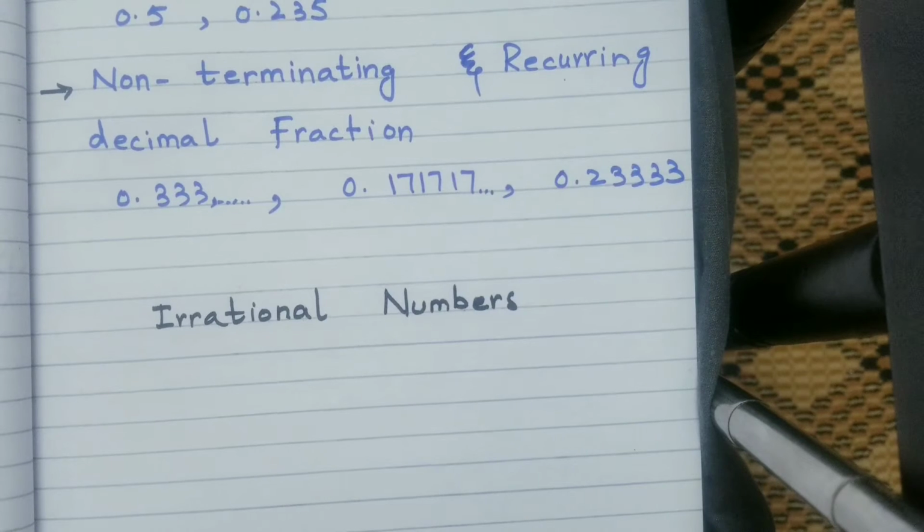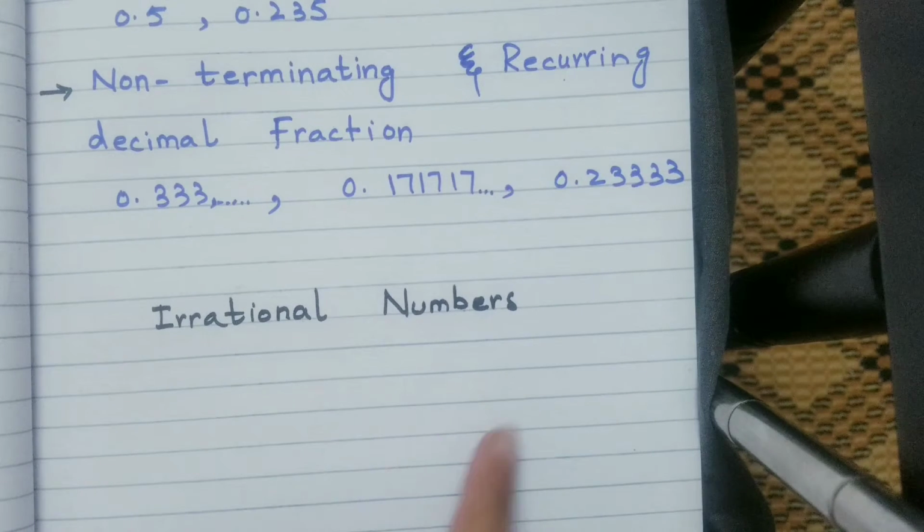So after explaining rational numbers, now we have another set of numbers, that is irrational numbers.